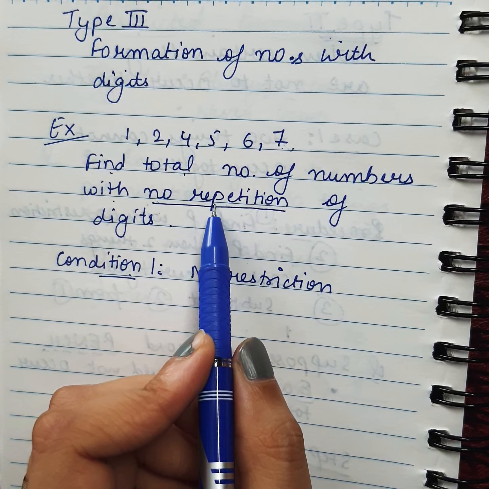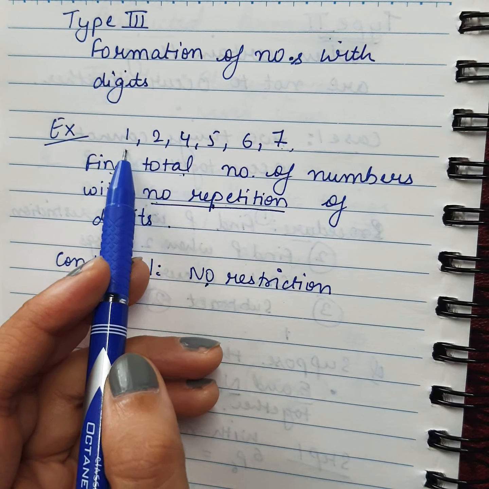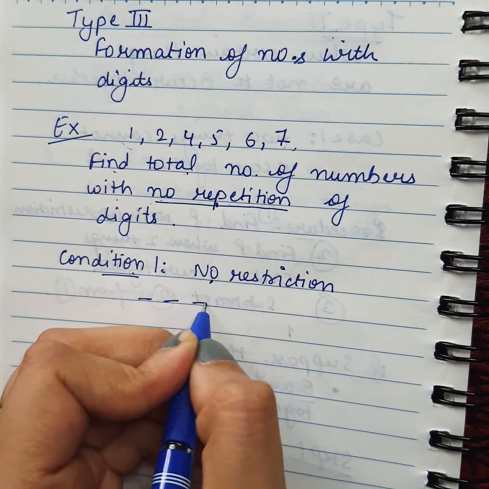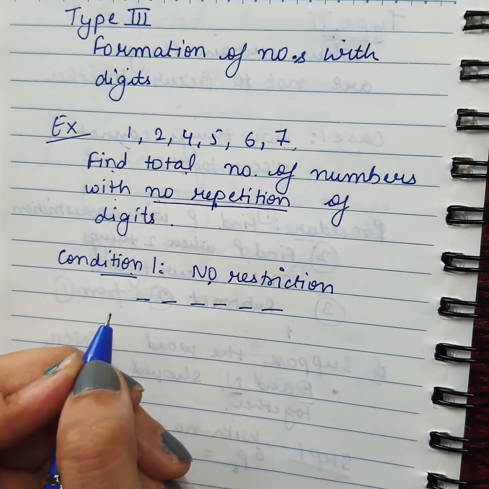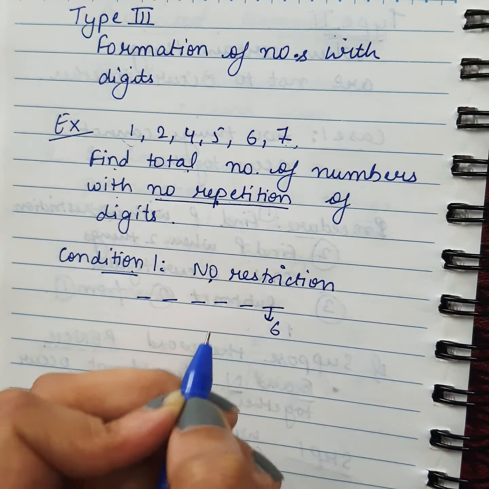So without repeating, if I have to find the number of numbers that can be formed, suppose I have 1, 2, 3, 4, 5, 6 places. If I fill this place in 6 ways, I cannot repeat the number filled here in any other place.